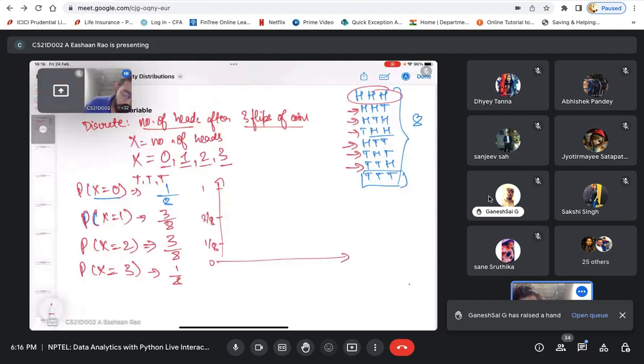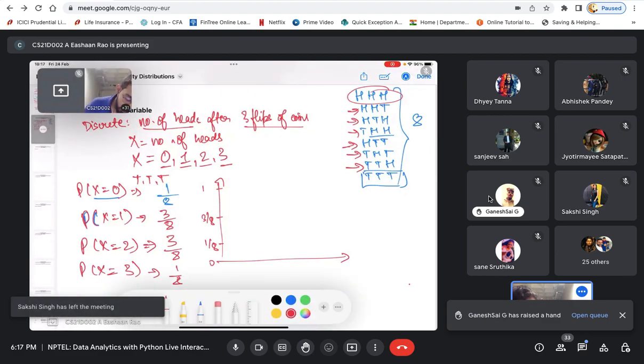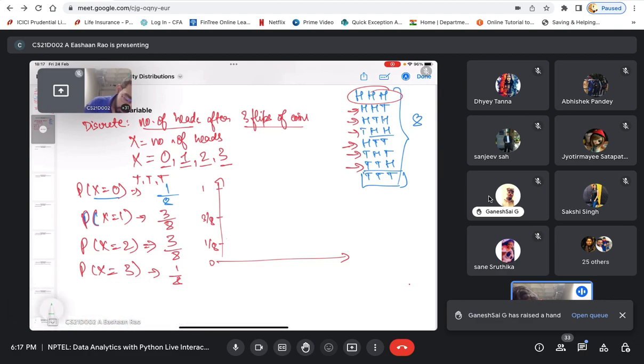For x equal to 0, when the random variable is 0, you got that 1 by 8 probability. Similarly, when x equal to 1, you got 3 by 8. Similarly, 3 by 8 when x equal to 2, and when x equal to 3, you got 1 by 8.